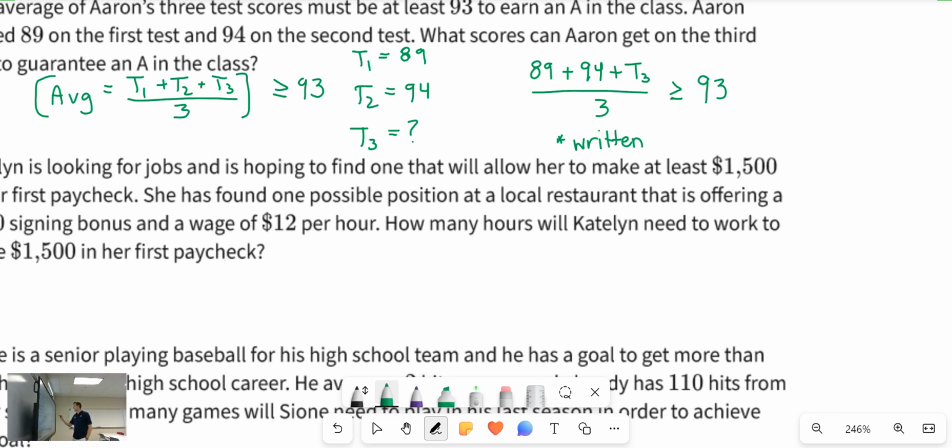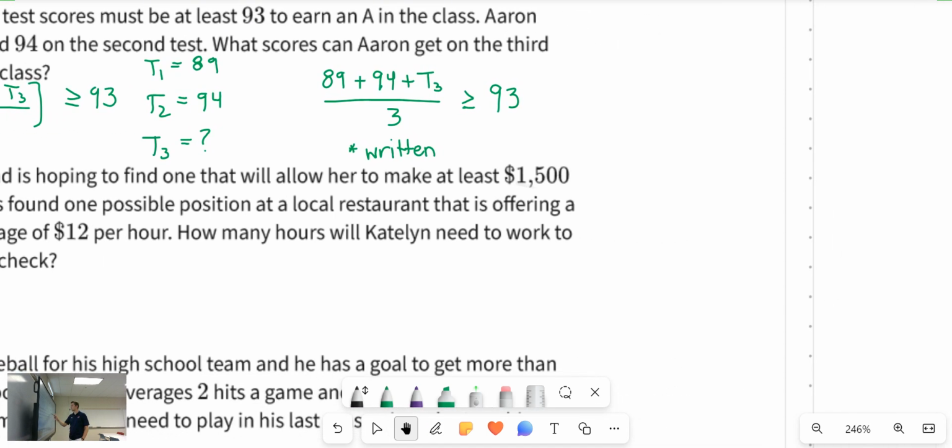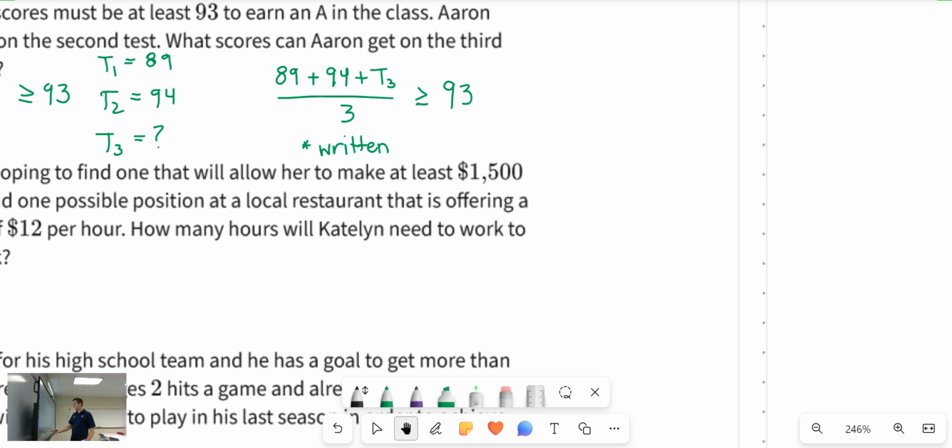The first thing we are going to do to solve this is multiply both sides by 3.